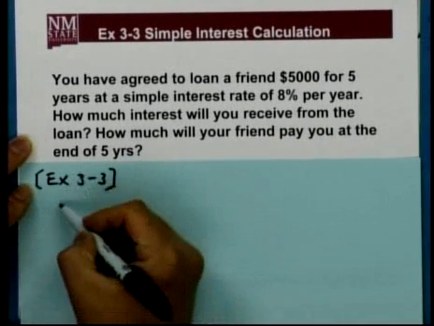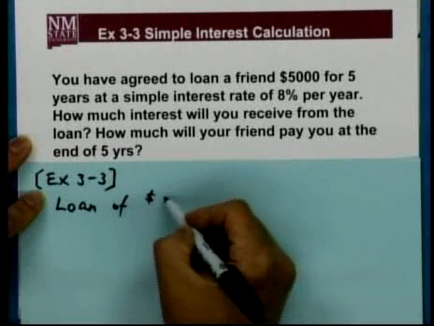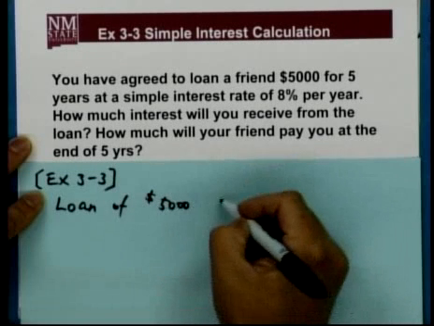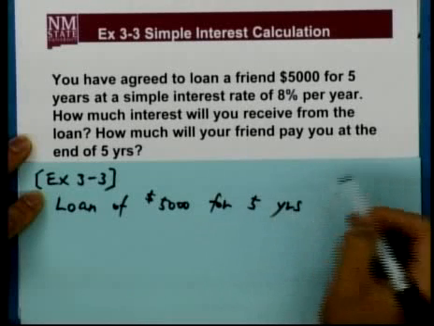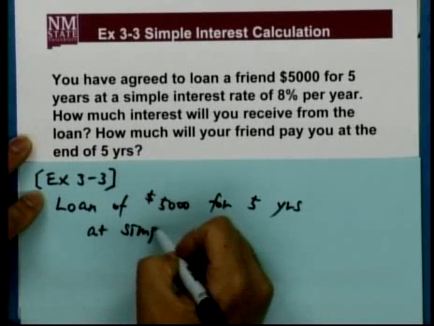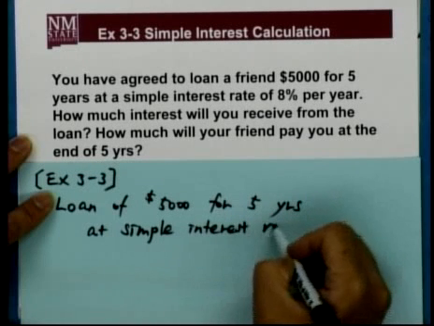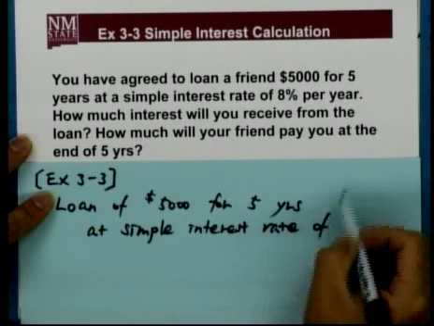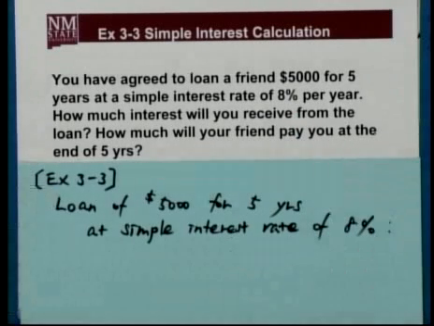So a loan of $5,000 for how many years? 5 years, at a simple interest rate of 8%, right? So how much interest will you receive from the loan?